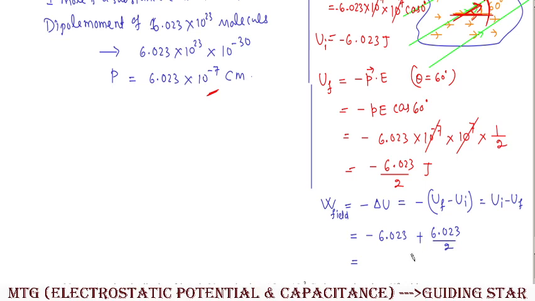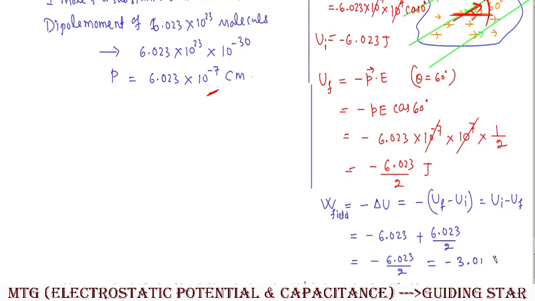Clear? So here, if I take 6.023 outside, then 1 by 2 minus 1, it will be minus 1 by 2, so it will be having the value minus 3.01 something, that means approximately 3.